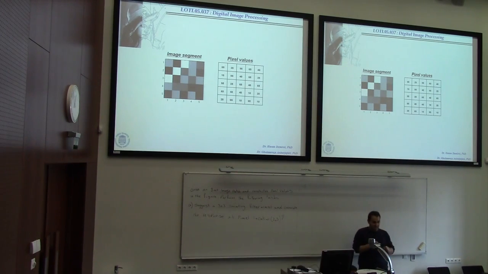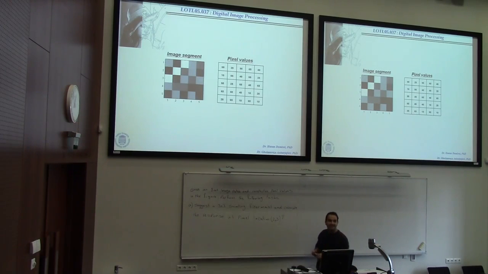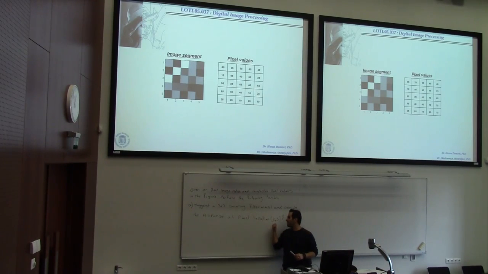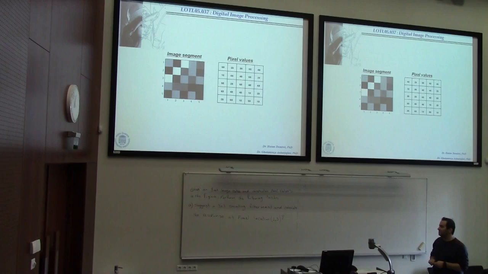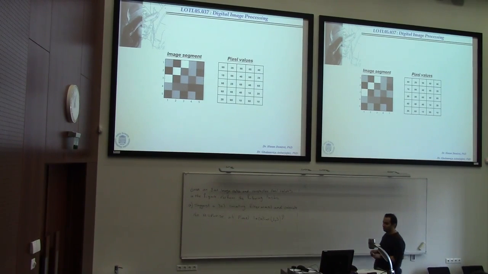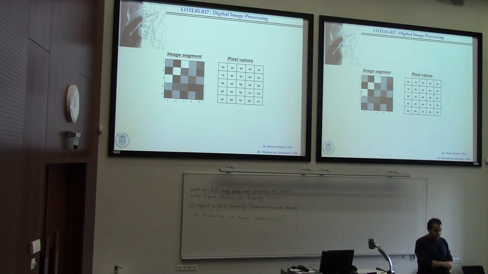Also, after finding the filter, please try to find the pixel at this location, 2, 3. Take 5 minutes to try to find this, and after that I will solve it. In spatial, yes, because the whole image is in the spatial domain, we don't have it in the frequency domain.